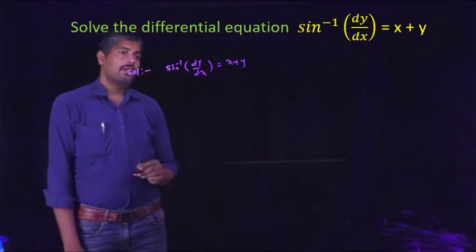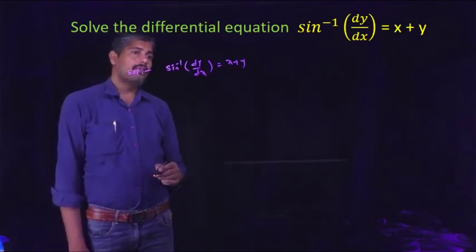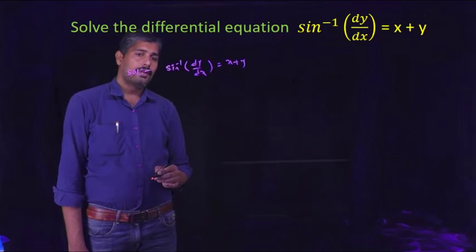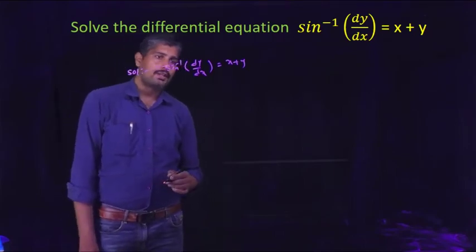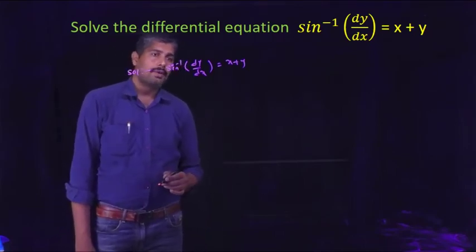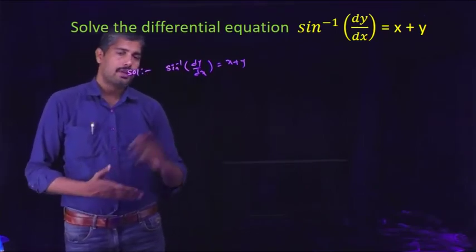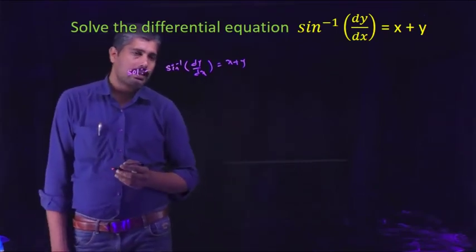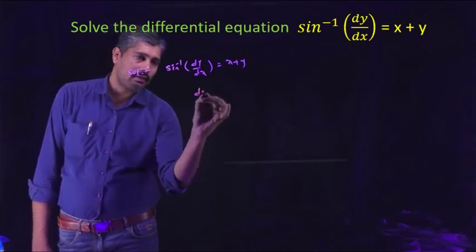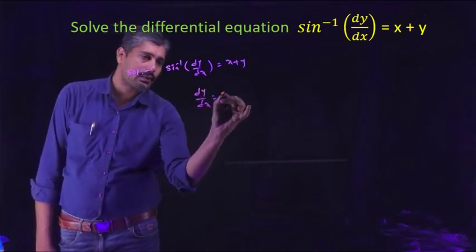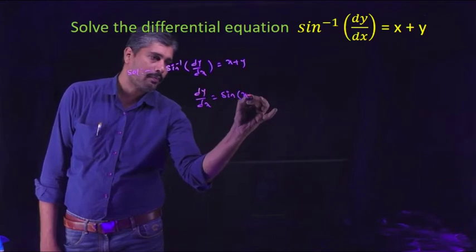Right? Here, separating x and y, is that possible or not? In this problem also, separating x and y terms is not possible. That's why definitely we substitute. That is dy by dx equal to sin of x plus y.